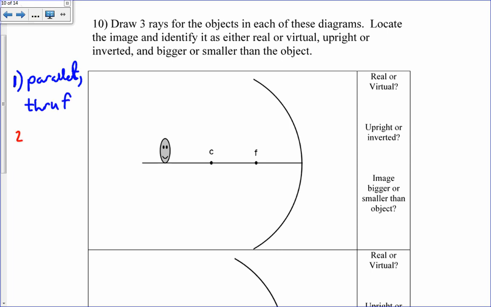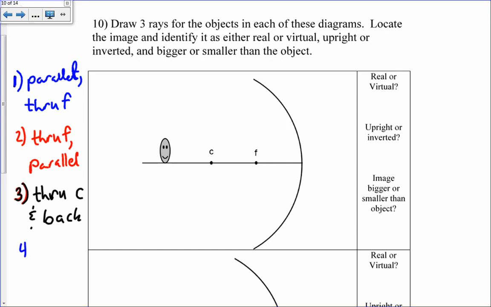The second rule, through the focal point, parallel to the axis. The third rule, let's do it in black. The third rule, we'll do through the center of curvature and back. I'll show you what that means.